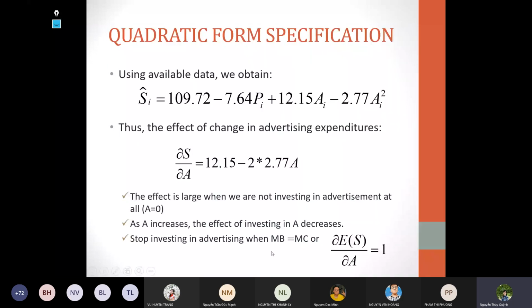Now what is the marginal cost of that? What is the marginal cost of increasing one additional unit of advertising expenditures? What is the cost of that?